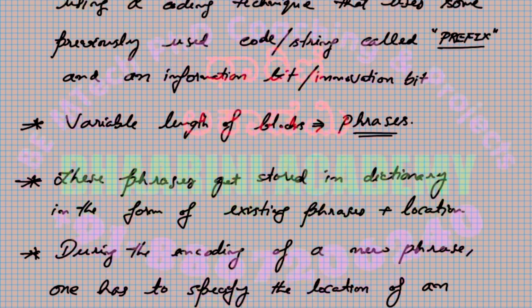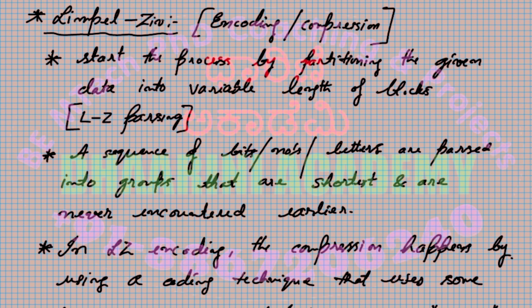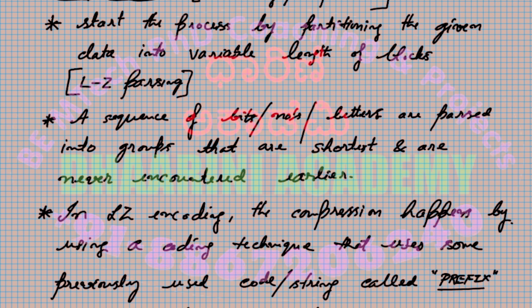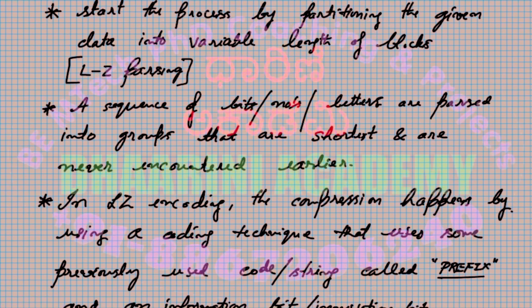Just to brief it out: I'm having the data. I try to split the data into the smallest possible size of each group. It's a variable size. Initial groups can be size 1, then size 2 might come, then size 4, all of a sudden size 3, etc. We'll see. This is done such that there is no repetition, first thing, and second, the size should be as small as possible.